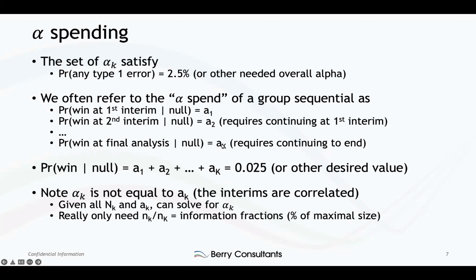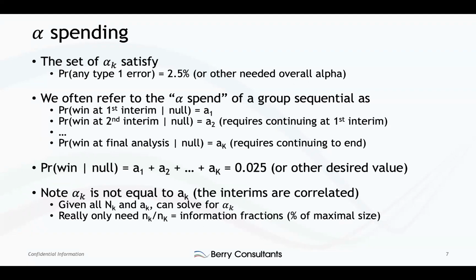So you really only win at the early interims if the data is very strong. In that case, you'd actually have lower probabilities of winning at the early interims and a higher probability that the trial goes to the end. You certainly could spend your alpha more aggressively.